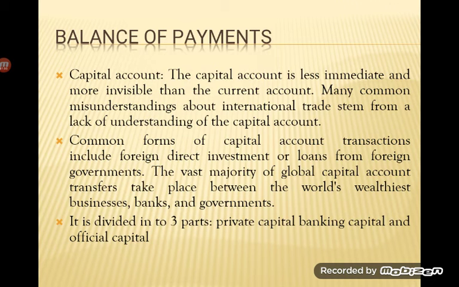Then official capital, where the Reserve Bank of India's holdings in foreign currency and special drawing rights held by the government are categorized into loans, amortization, and miscellaneous receipts and payments by the government.